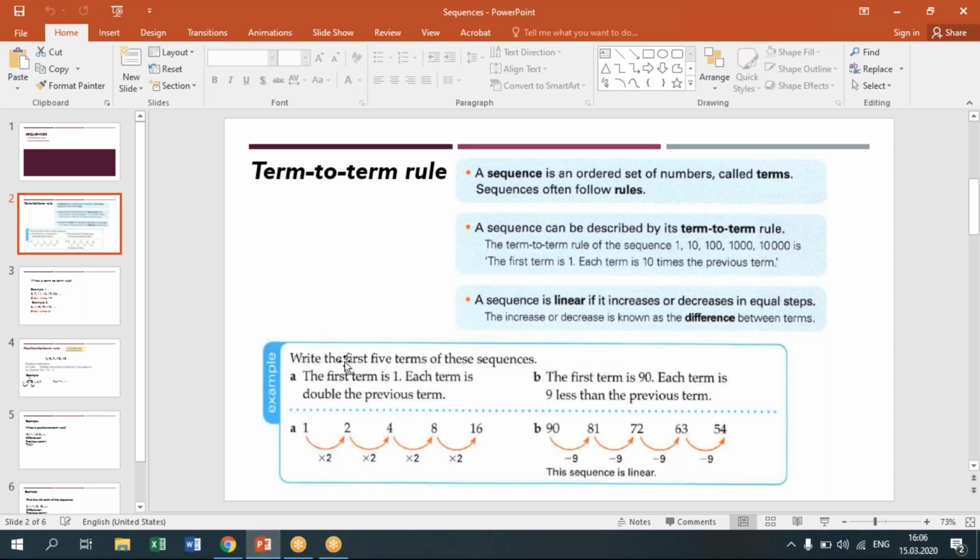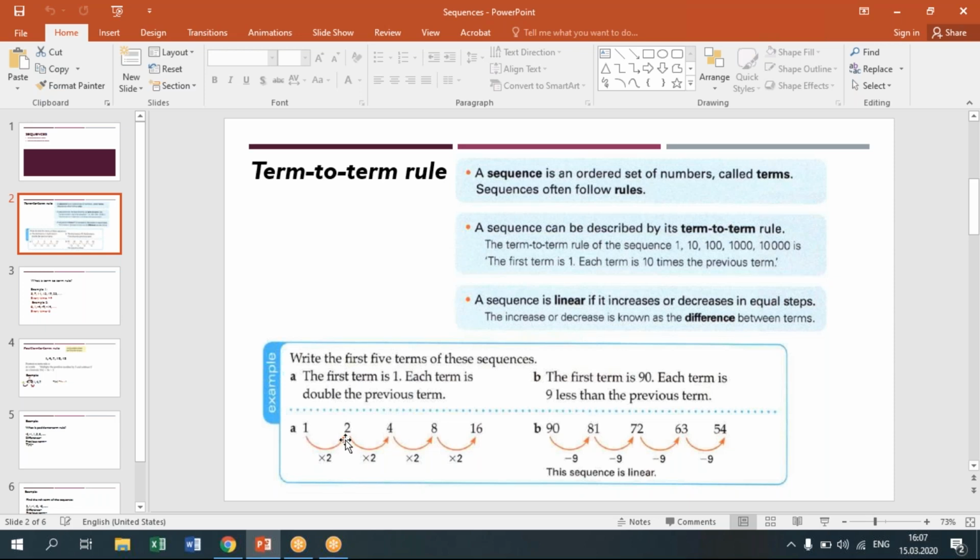We have to write the first 5 terms of the sequence if the first term is equal to 1 and each term is double the previous term. The first term is 1, and every time we have to double it, so 1 times 2 is 2.